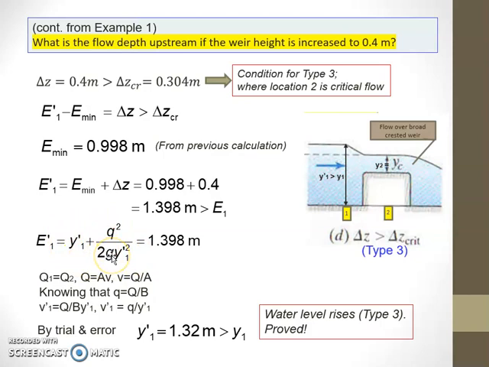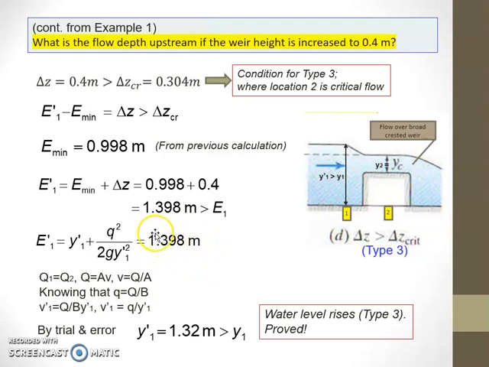Okay, so if you rearrange the equation with respect to Y1 prime plus q squared over 2g Y1 squared minus E minimum, which is 0.998, is equal to 0.4. Then you simplify, you will get 1.398.